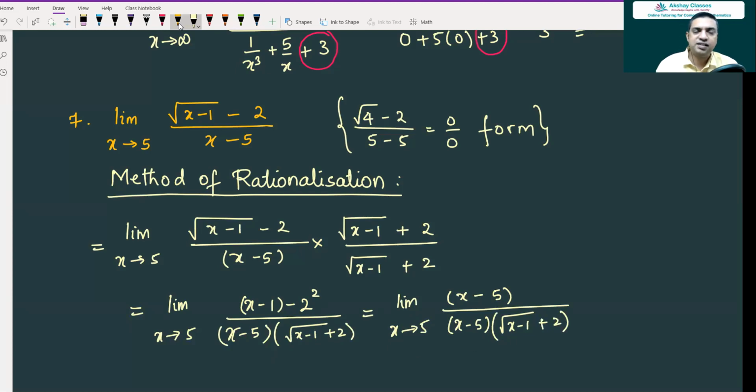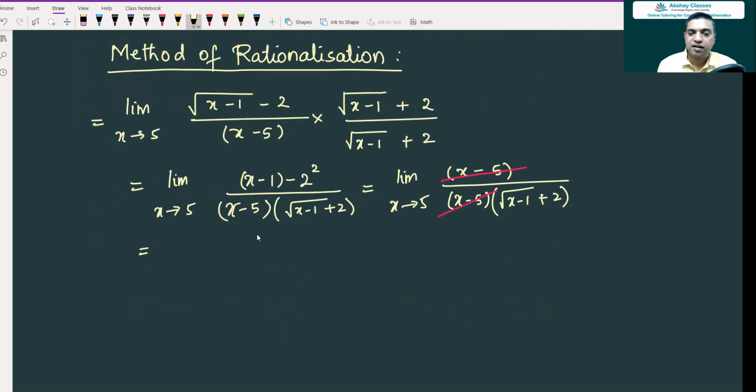Now, because x is tending to 5, x minus 5 will tend to 0. So both are common factors. We can strike off the common factors. So what we are left with is the denominator, which doesn't go to 0. Numerator is 1 and the denominator is under root of 5 minus 1, that is 4, under root of 4 plus 2.